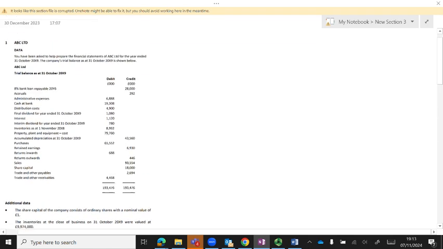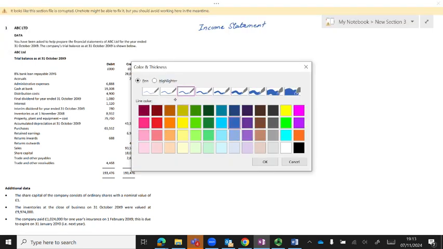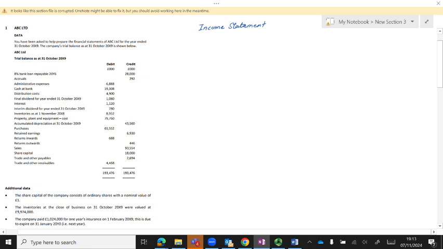Since I have read the requirement, the first thing I'm going to do is prepare the income statement format. In the exam, make sure you write the full name: income statement for ABC Limited, year ended 31st of October 2019.